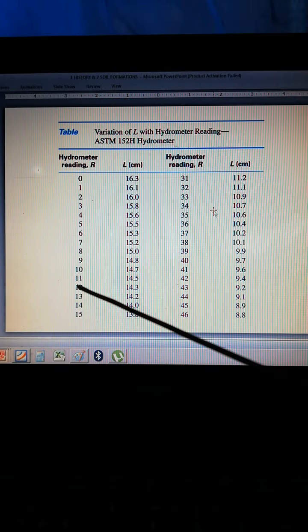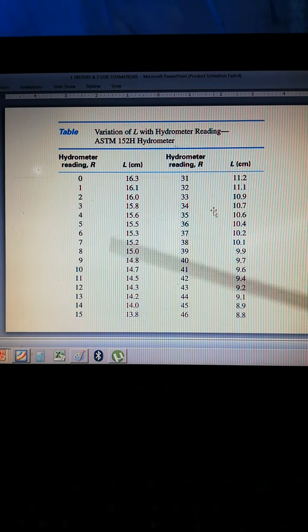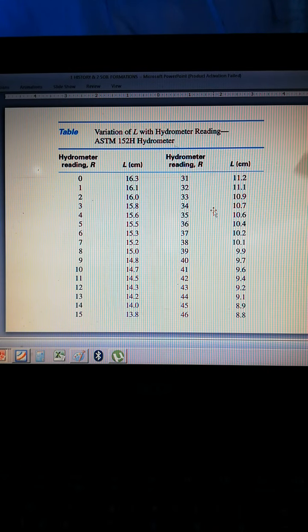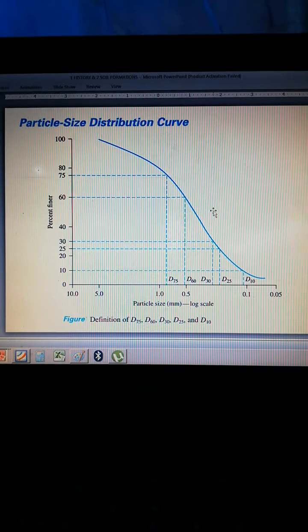If for example you have a hydrometer reading that falls on these values, you already have the L values for those respective readings.